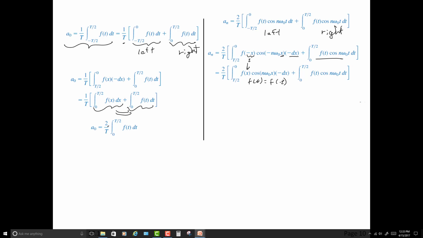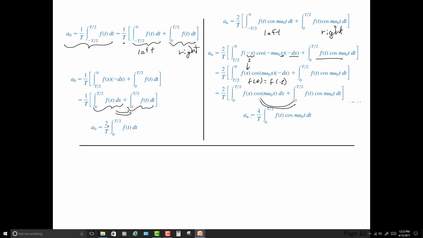So we make all those substitutions and keep going. And we now have two things. If we, instead of minus dx, we go to plus dx and reverse the limits, we have the same thing again. This side equals this side. And so we double it and get 4 times instead of 2 times, and that's our values for a of n, okay?